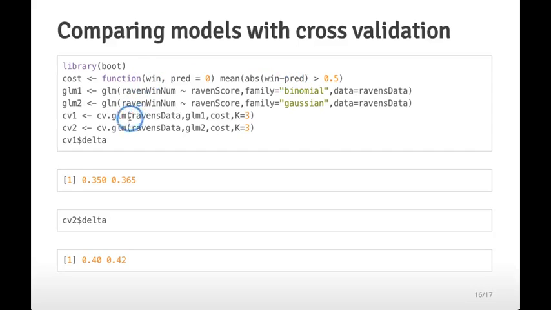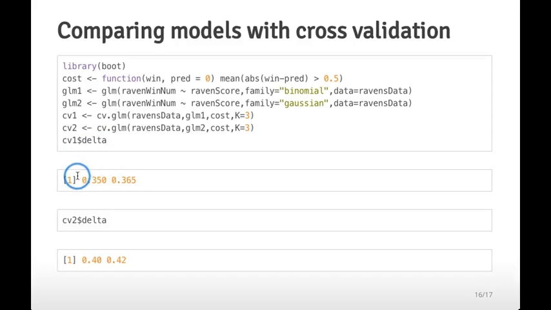So then what I can do is use the cv.glm function, which is in the boot package. I pass it the data set that I'm using and the GLM function that I want to evaluate, and then I tell it the number of folds to perform. So in this case, I tell it to perform 3-fold cross-validation. So I calculate this for each of the 2 different models, and then I can look at the delta term to see what cost I get for each different model.